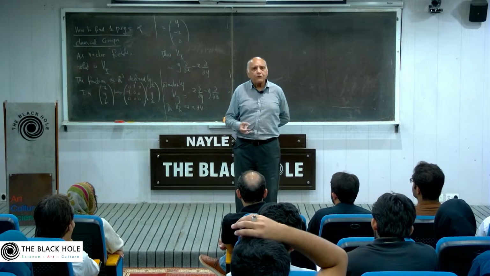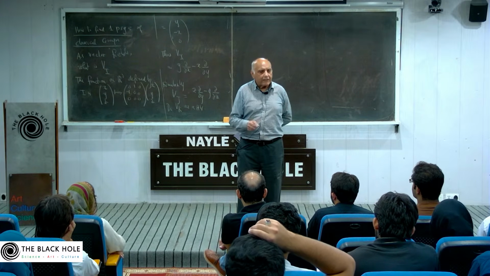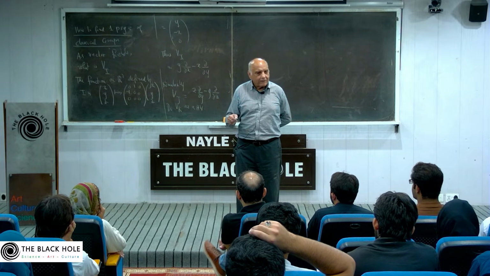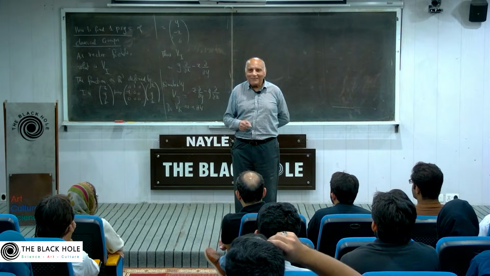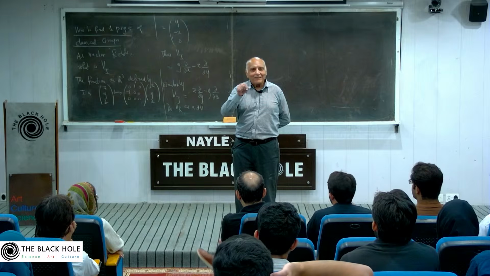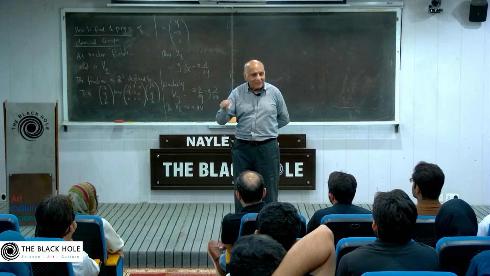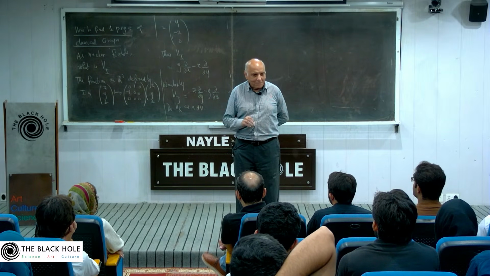So what will be the one parameter groups of GL(n, C)? It should be e to the power of tA or e to the power of zA, where z is a complex variable.